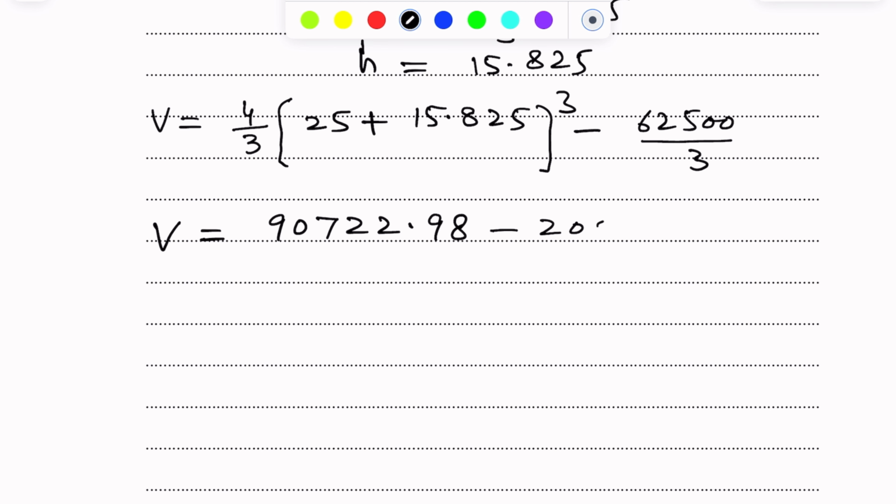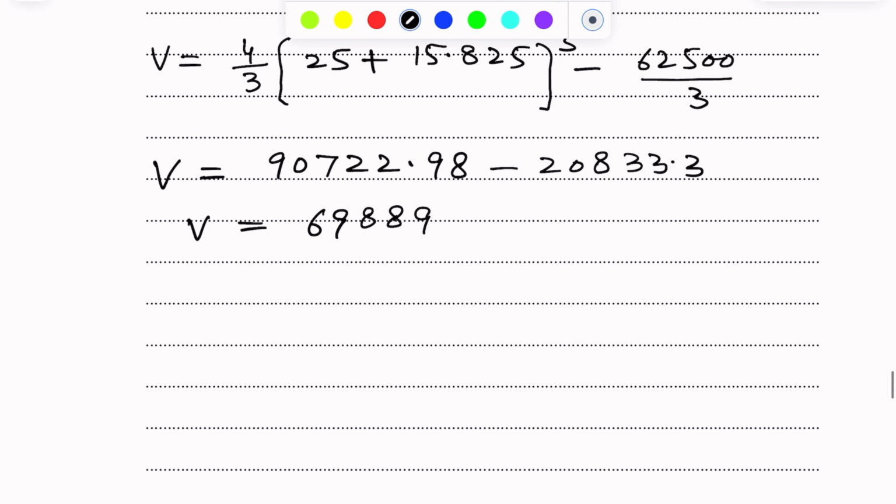Writing the fraction in decimal places, we get 20833.3, and so V is equal to 69889. This is the volume.